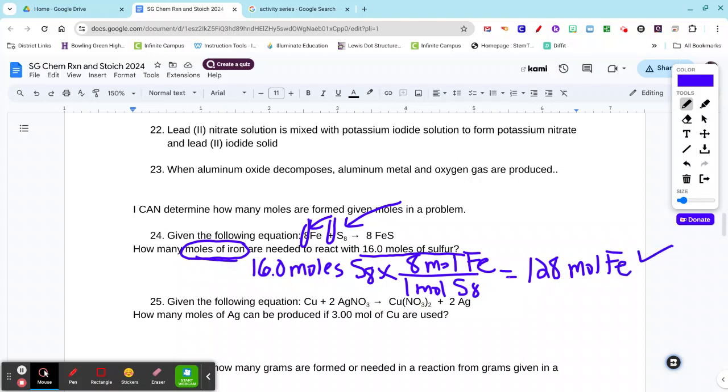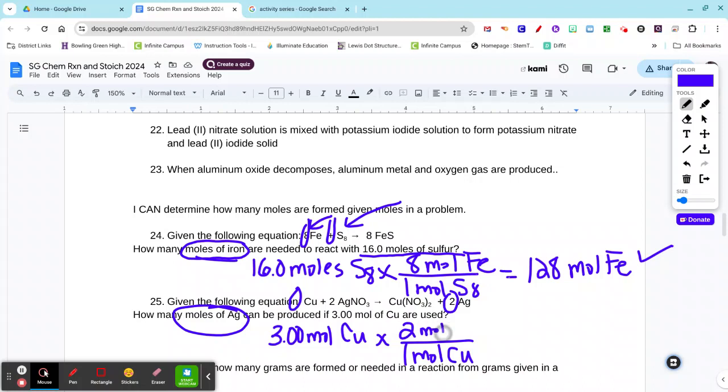Okay, though, beware, if you start with moles and end with moles, it's pretty easy. You're using your equation. This one's the same thing. So I'm starting with 3 moles of copper, and it wants moles of Ag. So I'm going to use my equation. I see I have 1 mole of copper, and then I find Ag. I have 2 moles of Ag, so that one goes on top.